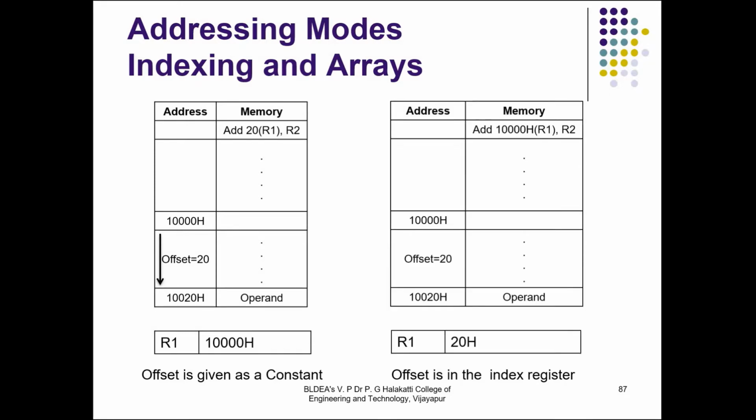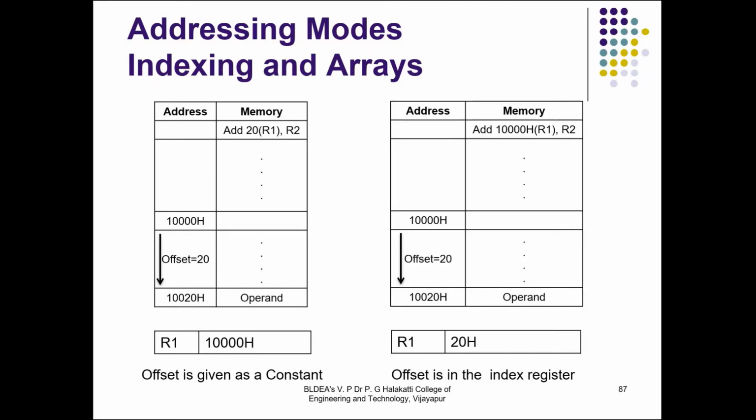Similar to this, we have another example wherein the offset is in the index register. In this, register R1 is containing 20h, and the constant value of X is the address of the memory location 10,000.